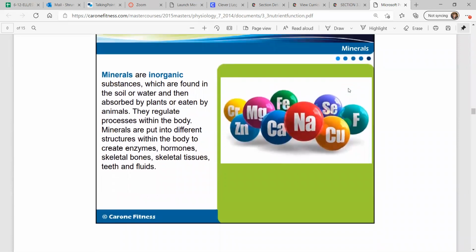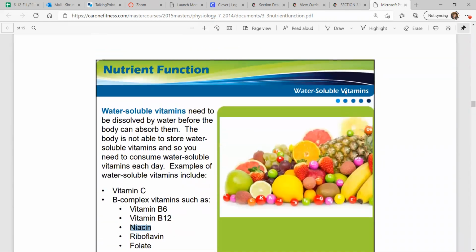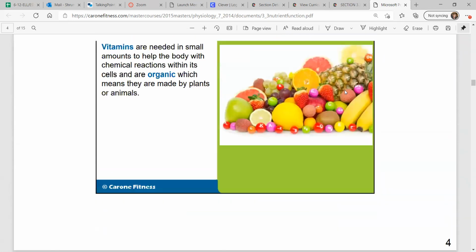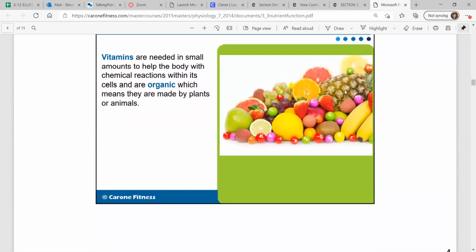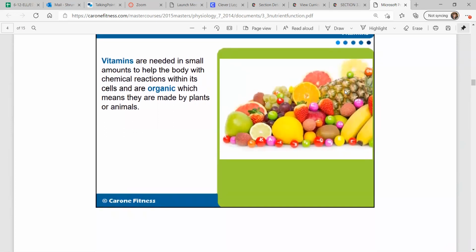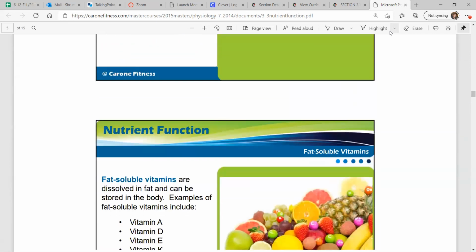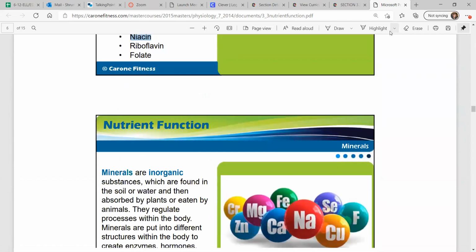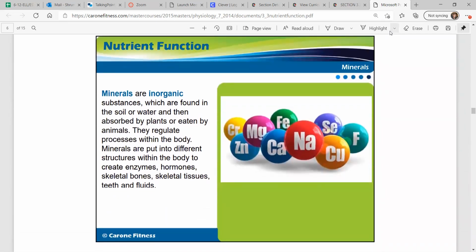Minerals are inorganic substances which are found in the soil or water and then absorbed by plants or eaten by animals. So vitamins are organic. They're made by plants or animals, whereas minerals are actually earth. They originate from the earth, the soil, and then plants absorb them, and then we eat plants, right?